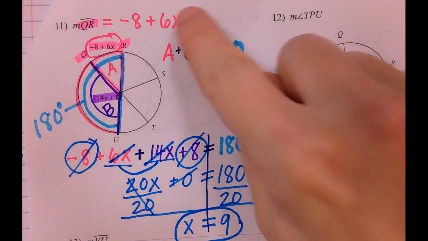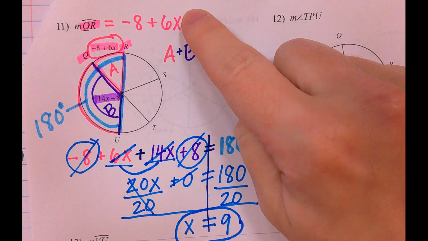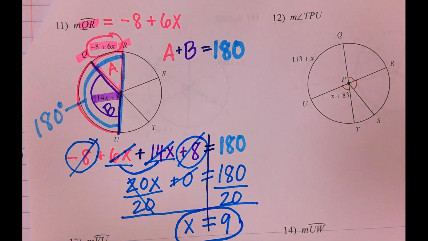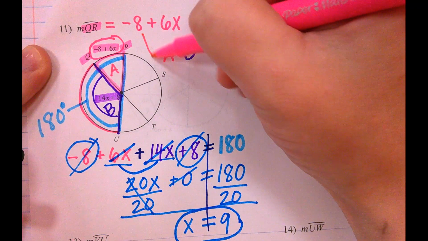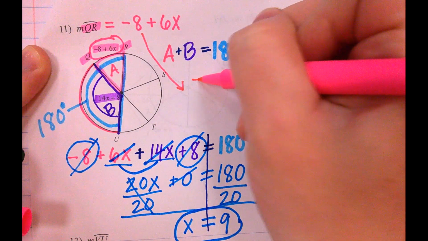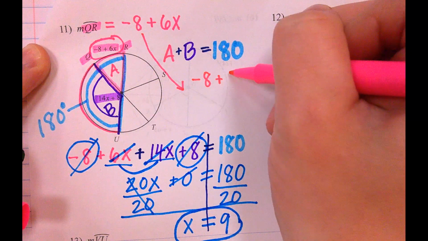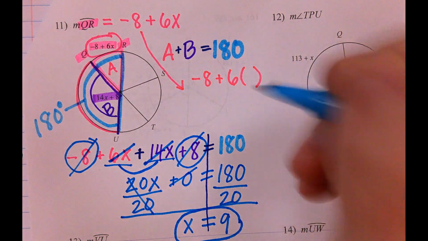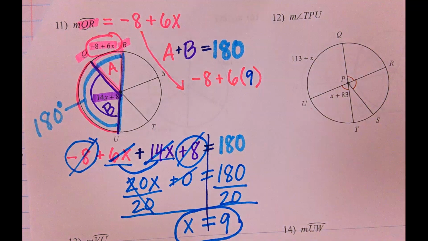So we can take -8 plus 6 times x, replace your x with your 9. So -8 plus 6 times 9.